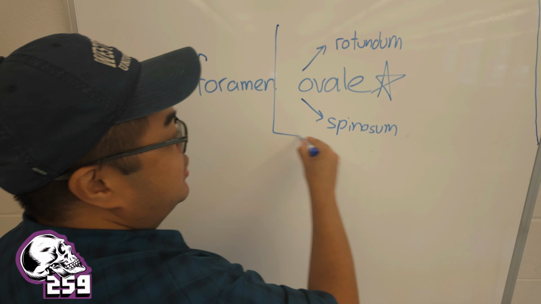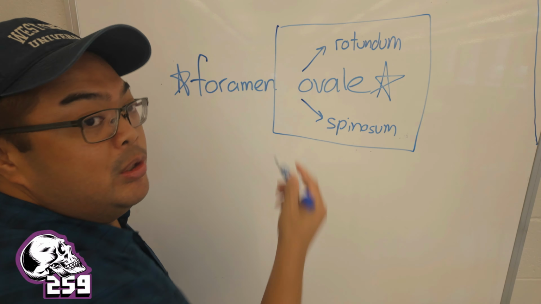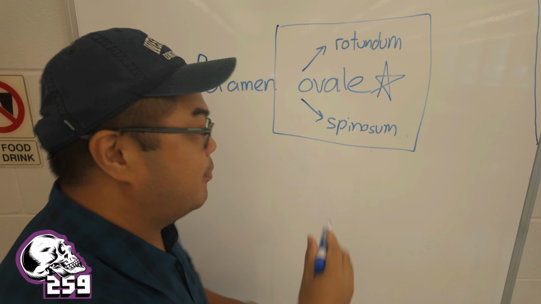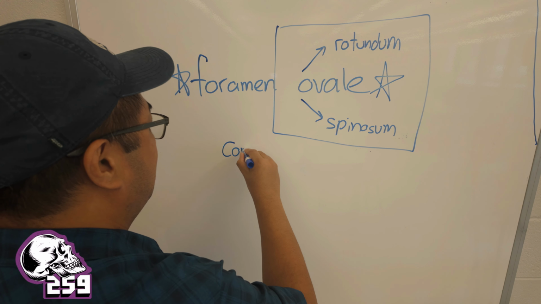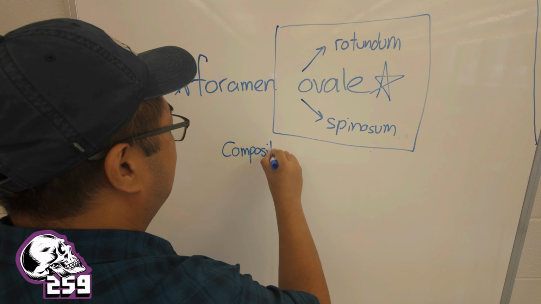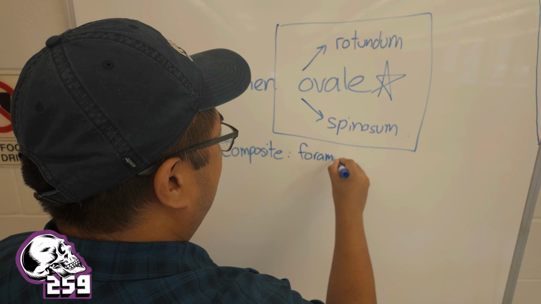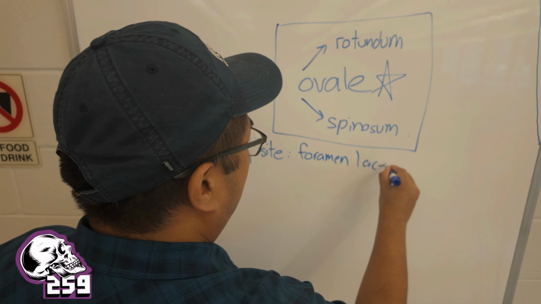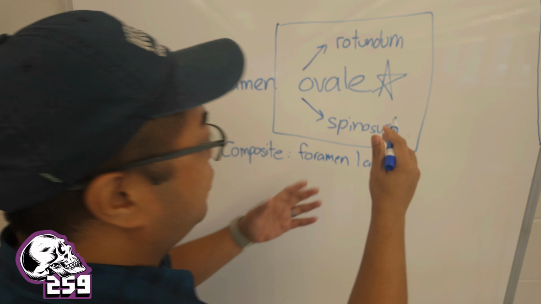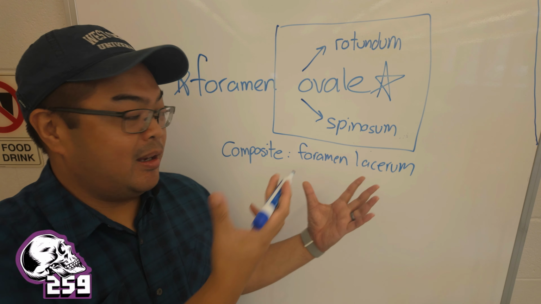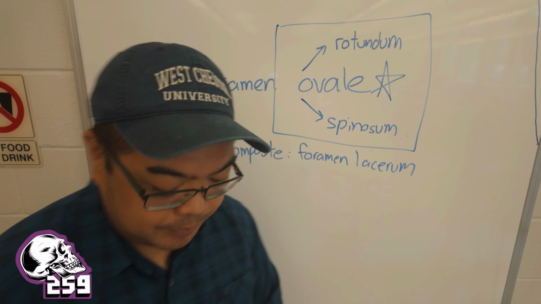Once you find these three, you can find what we call the composite foramen, the foramen lacerum. We'll start with these four foramen, look at them in some skulls, and hopefully this will make a little bit more sense.